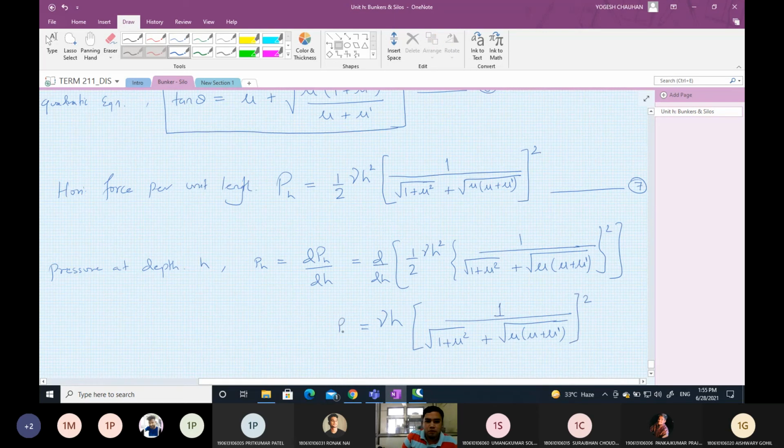This is your ph, that is the horizontal pressure at depth h. Mark this as number 8.